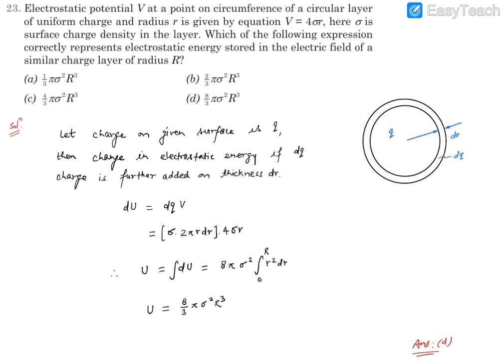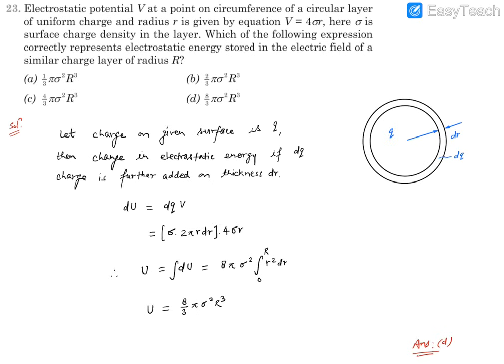So let's say we are interested in making a circular layer, basically a circular disk, of radius R. In order to construct that charge distribution, keeping the sigma charge density constant, we need to find out how much work is needed to create that system, and whatever the work is being done, that is going to be stored in the electrostatic energy form. So that's how we can find it out.